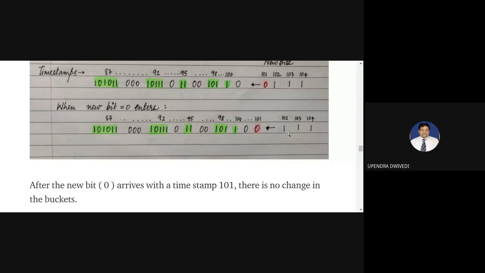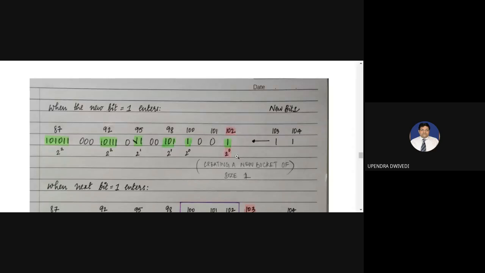Since there is only a single bit, a bucket of 2 power 0 will be created. 2 power 0 represents the 1, so there should be a bucket of size 1. Now you can see in this diagram that the author created a bucket of size 1, and the one from the incoming bit stream will be filled inside it.